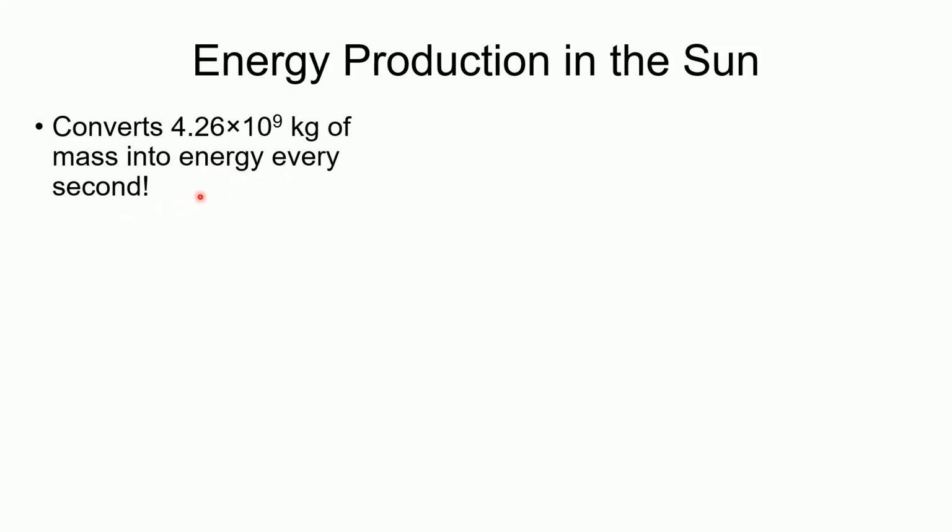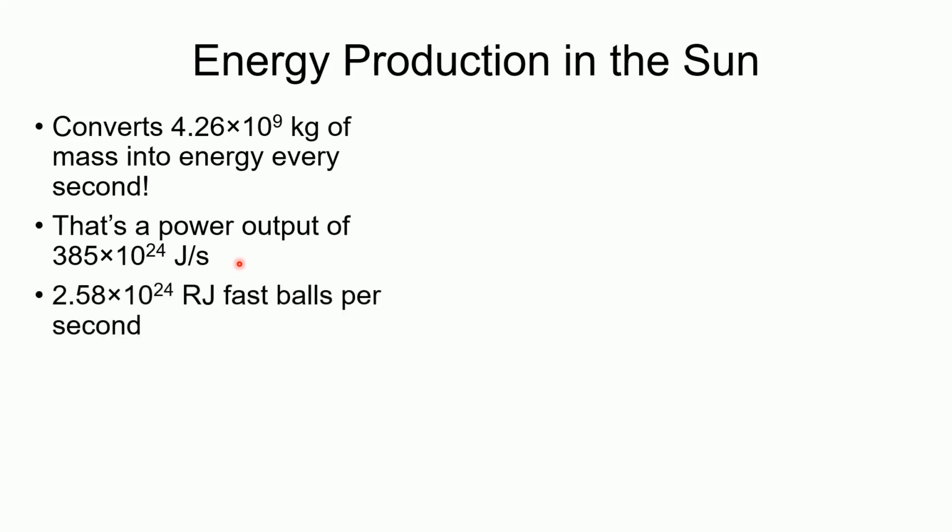And it's been doing it for about 5 billion years. Now, it has varied over the 5 billion years, but the point is it's a lot of mass getting converted into energy. When you put that into Einstein's equation, you end up with a power output of 385 times 10 to the 24 joules per second, or 385 times 10 to the 24 watts, if we want to put it in terms of watts.